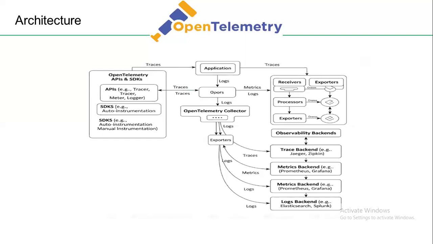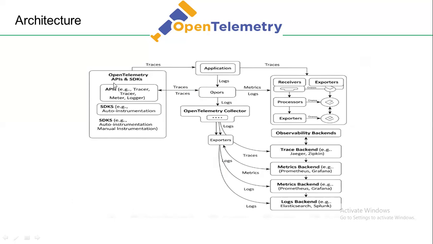In this architecture, as you can see, first of all there are OpenTelemetry APIs and SDKs, then traces, the application, and the receivers, processors, exporters, and so on in the OpenTelemetry Collector. Okay. So let's understand in detail.